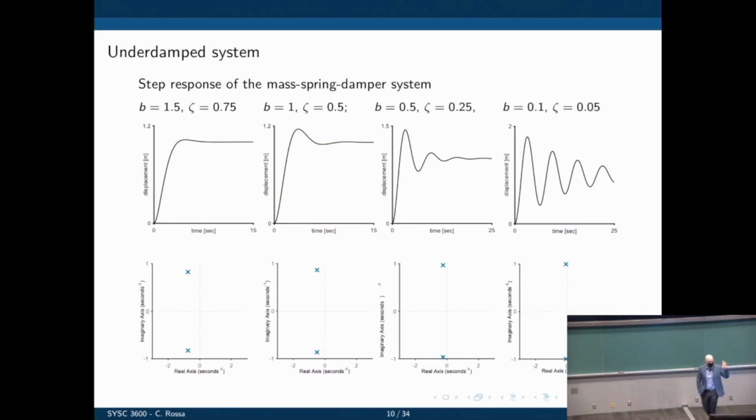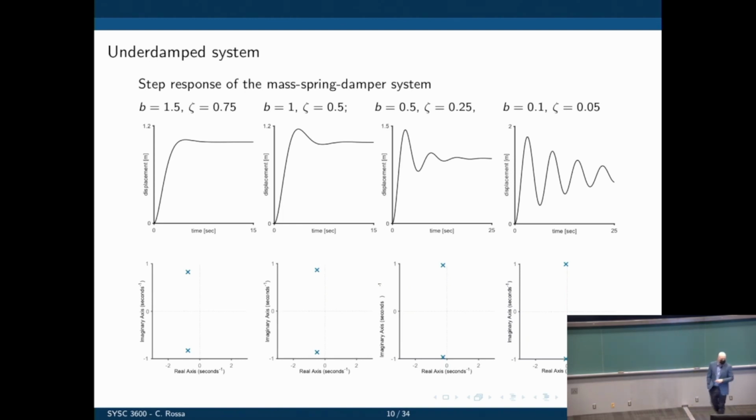Here are some examples. You see that I'm still decreasing B, and by decreasing B, I'm decreasing zeta, going from 1.5 to 0.1. And see that zeta is getting very small, up to 0.05. And look what is happening. As soon as we go below 1, in the first graph there, we see a little bump. That's not an exponential. That's the sinusoidal component starting to show up.